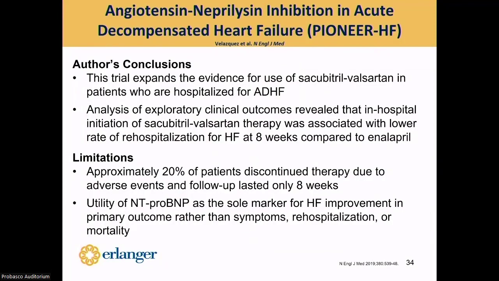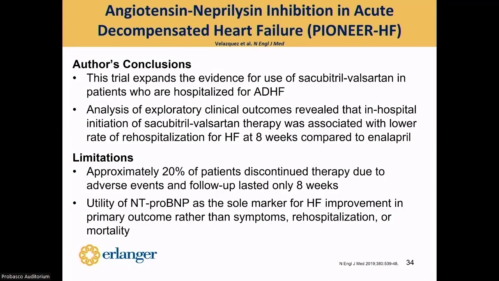So what did the authors conclude? They concluded that this evidence further supports the use of sacubitril valsartan in patients who are hospitalized for acute decompensated heart failure. And they did an analysis of exploratory clinical outcomes that showed a lower rate of rehospitalization for heart failure in 8 weeks if the patients were taking the sacubitril valsartan as compared to enalapril.